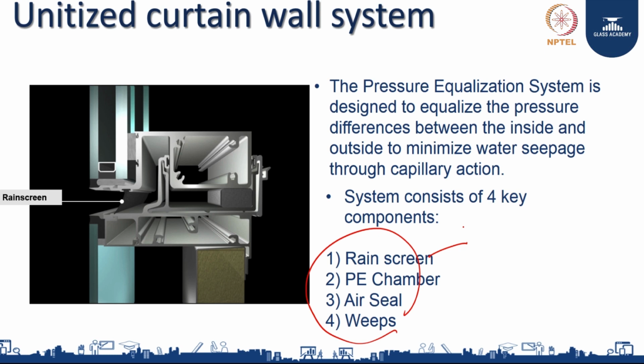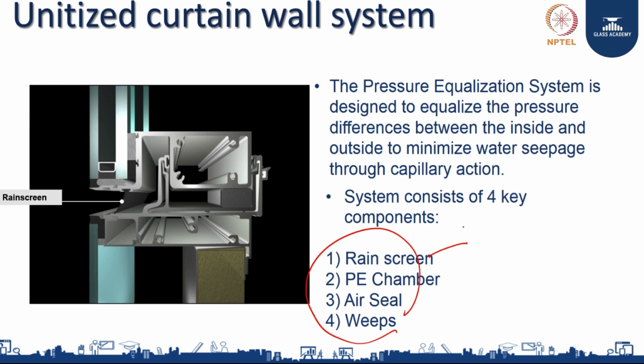What is a stack joint? You have floor to floor, and a building moves because of creep or settlement. So, you need to create a stack where the mullion or the transom can be split, so they move inside each other, and in the next slide I will explain in brief how the movement is taken care of.